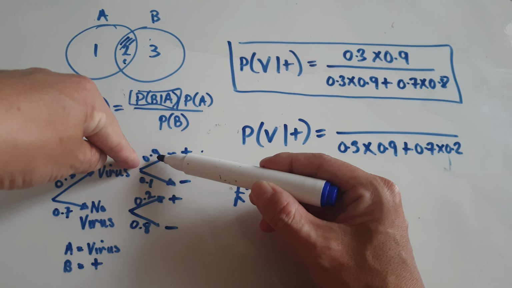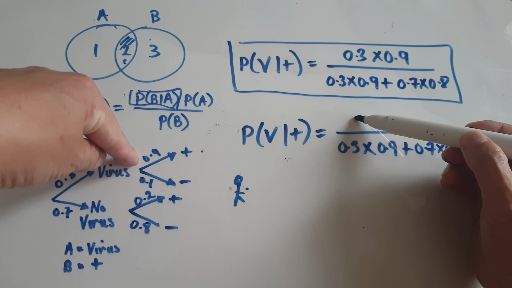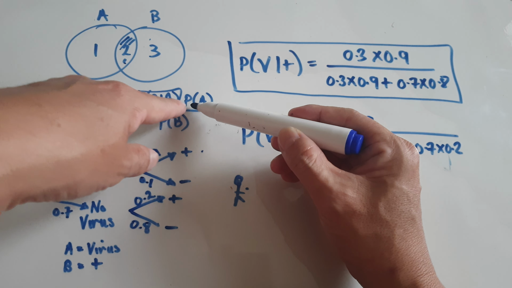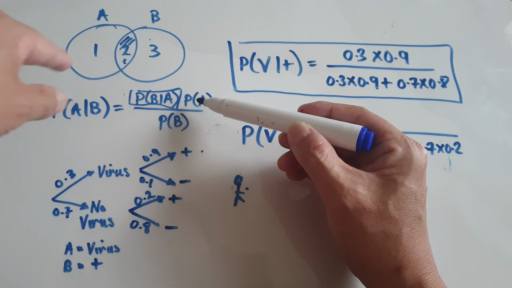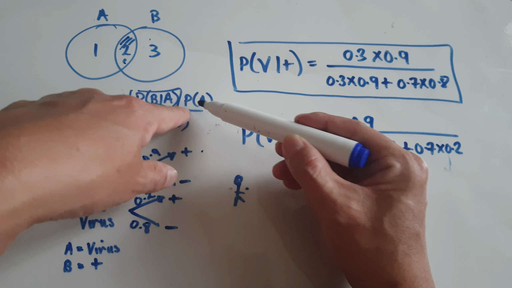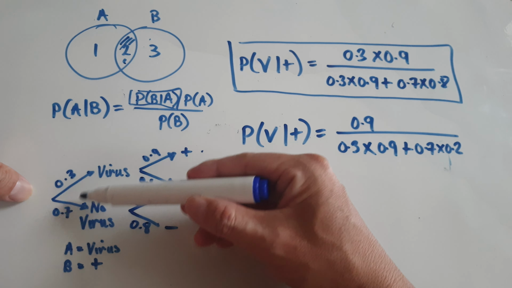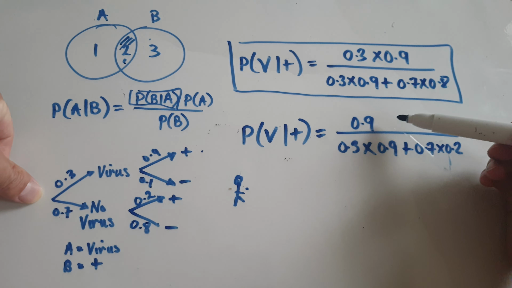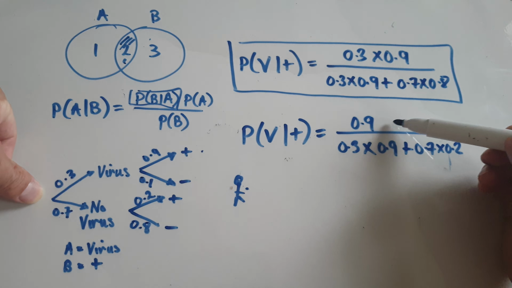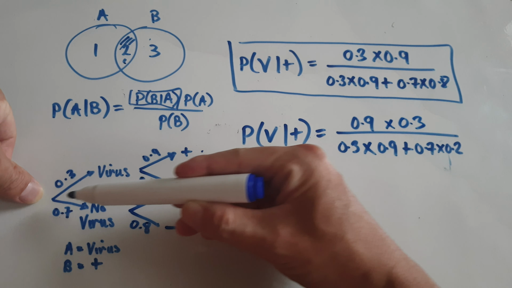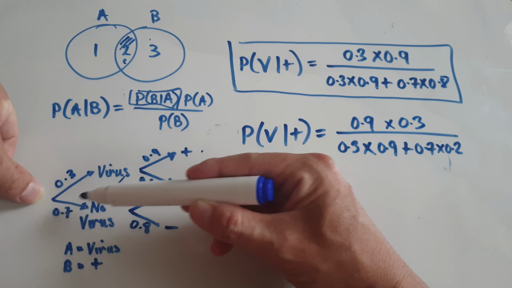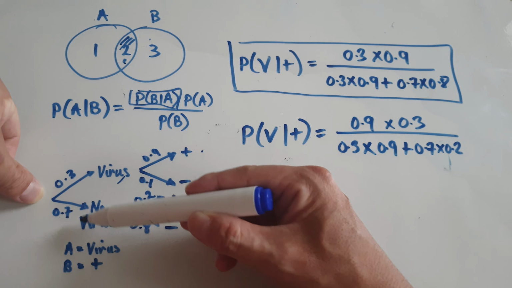Well, it would be 0.9. It would be this thing here. So that would be 0.9. Now let's read this. What is the probability of A? Meaning, what is the probability of you having the virus? Well, looking at this bit here, the probability is 0.3. So that would be times 0.3, because 0.3 is the probability of you having a virus. 0.7 is not having a virus.